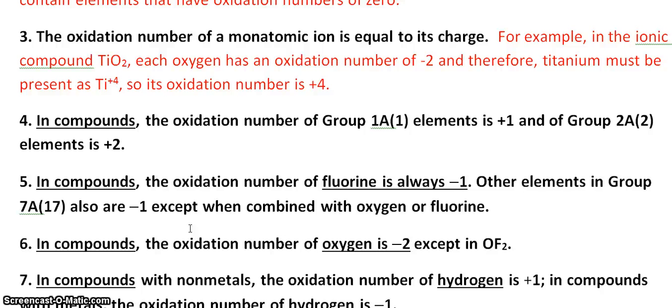So, for example, in the chlorate polyatomic ion, the oxidation number of chlorine is not -1, because it is combined with oxygen. So in those cases, you have to figure out what the charge is based on how many oxygens it's paired with. This is because oxygen and fluorine are the most electronegative elements, and they can cause nonmetals to actually get a positive oxidation number.